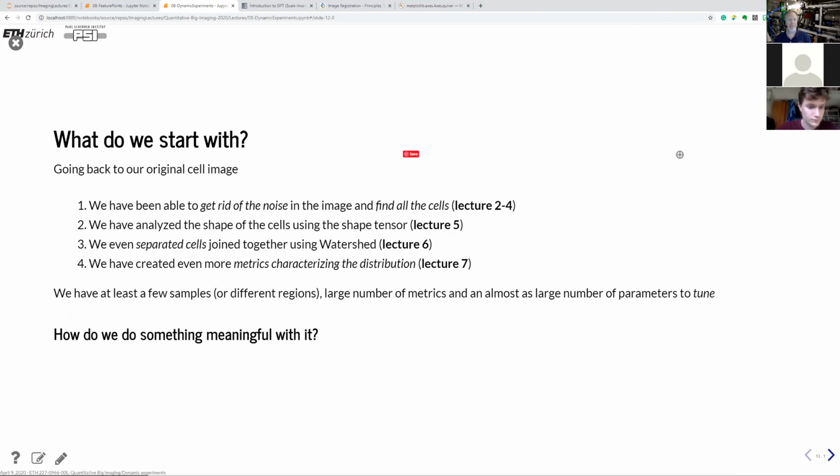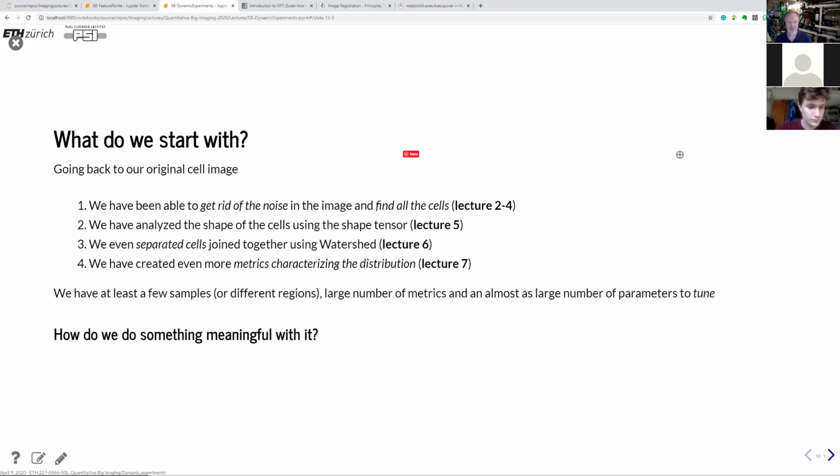So what do we start with when we start doing our analysis? Let's go back. Now I'm going to show a little example of how to track information. First of all, go back to the cell image we have been following throughout our lectures. In the beginning, we want to get rid of noise and find where the cells are.